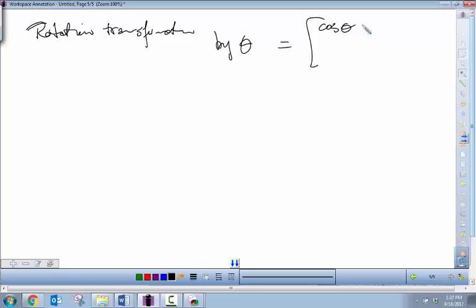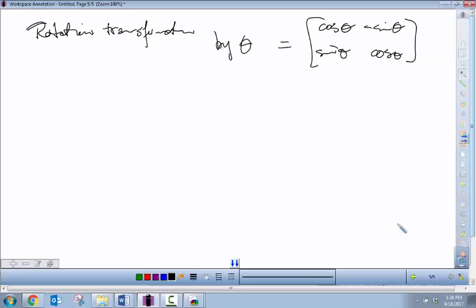Is it cosine and sine? This is negative, and this is positive sine, and then cosine. Trusting you on this. If it's wrong, then we're screwed. So this is the rotation matrix.